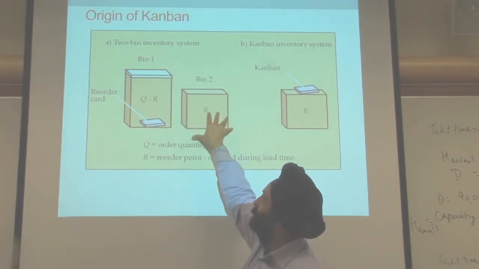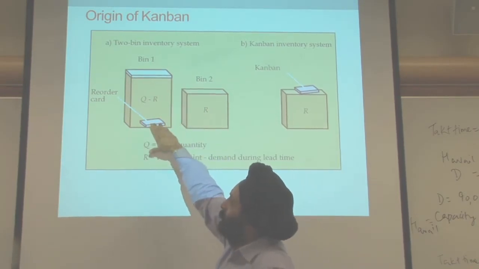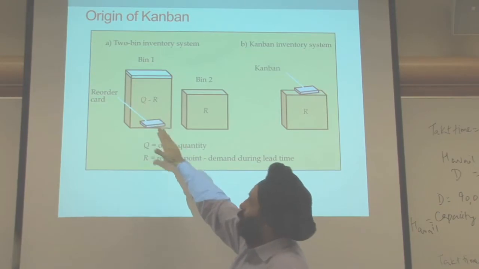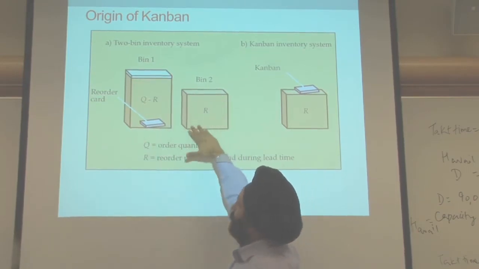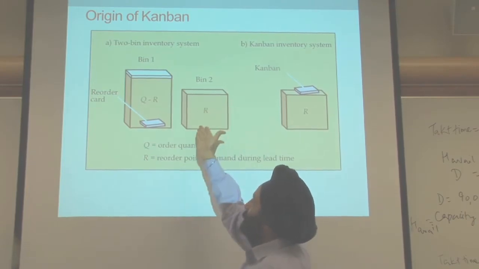So that's the R which is kept in here. As soon as you finish the end of bin 1, that's where the reorder card is, and that's where you place the order. And while the order is coming through, you are consuming this inventory.